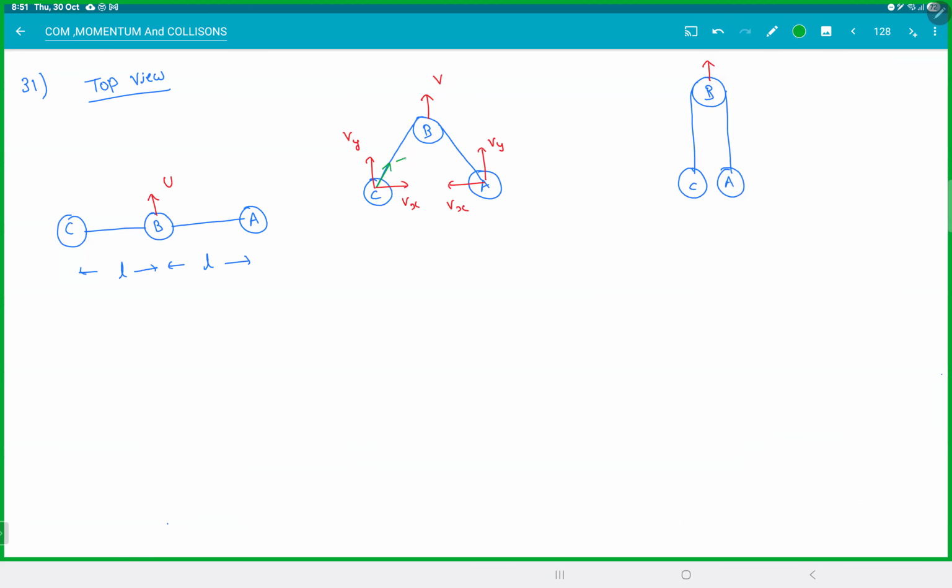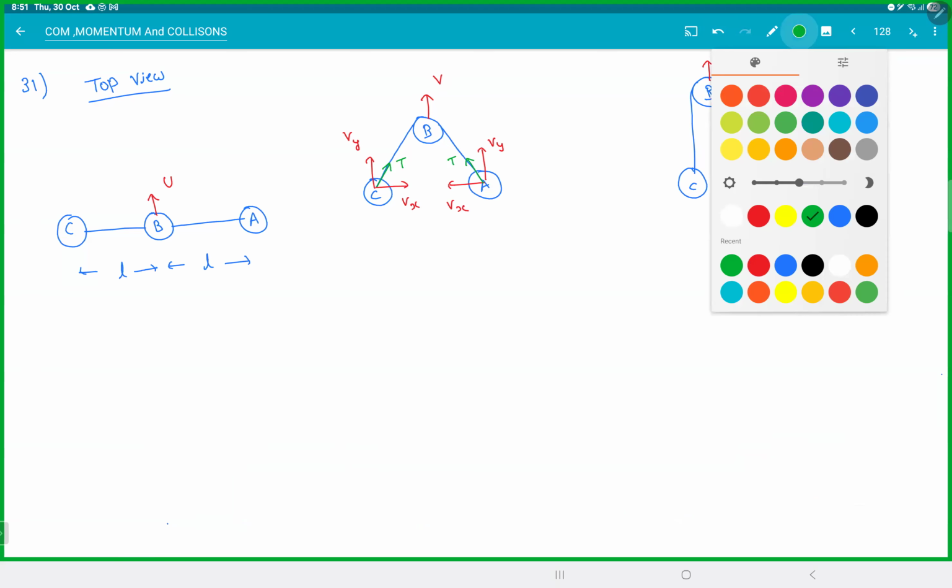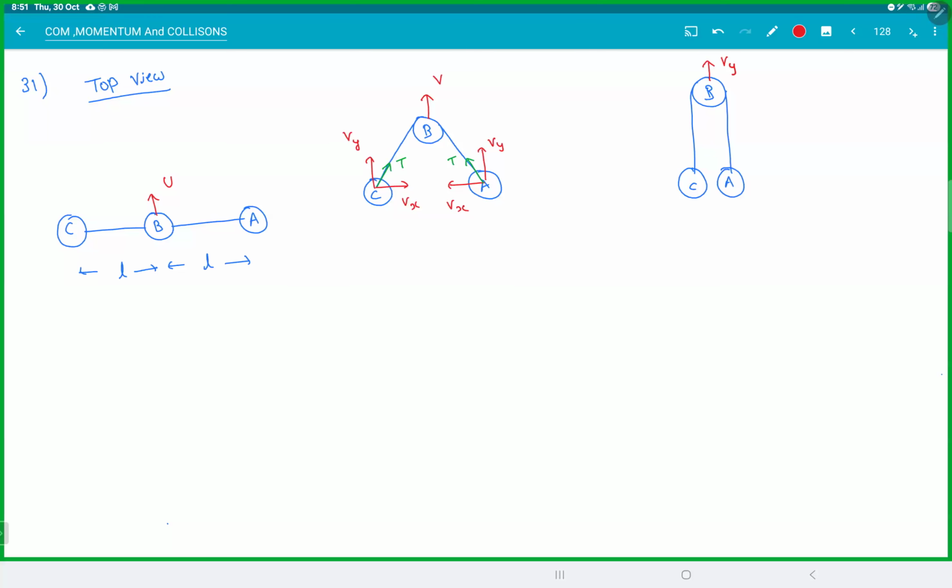So the tension is this way. Just before collision, the velocities will be like this. This will be Vy, this will also be Vy, this will also be Vy. This will be Vx and Vx. Why will all of them have the same Vy? Because the length of the string is constant. Since the string is tight, they'll have the same vertical velocity.